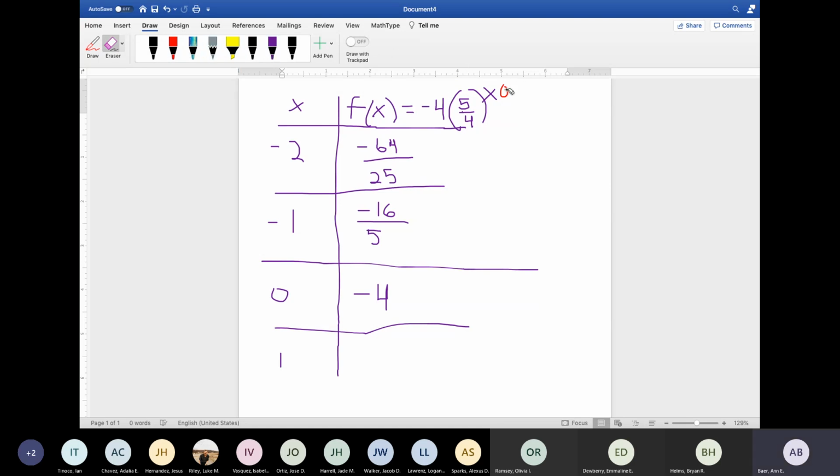We want to take this one out, and put a 1 in there. It would be just -4 times 5/4 to the 1. 5/4 to the 1 is just 5/4. The 4's cancel and we get -5.